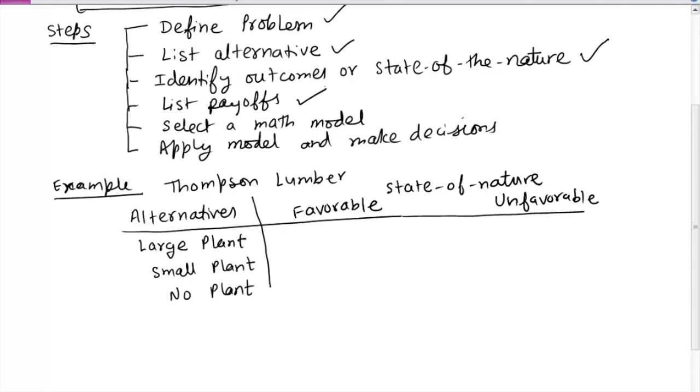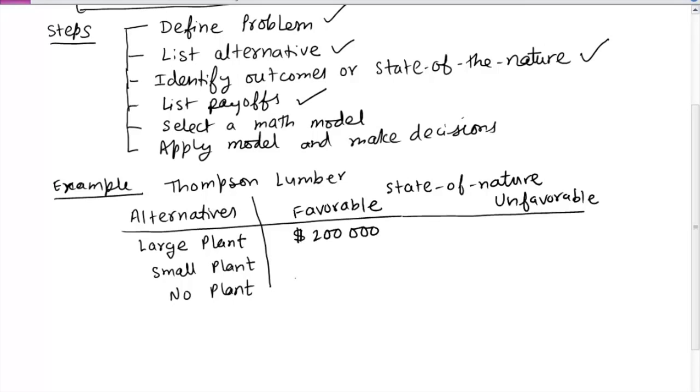Now let's say they have collected data and they find that if they use a large plant and if the state of nature is favorable, they can make, so this is the payoff.